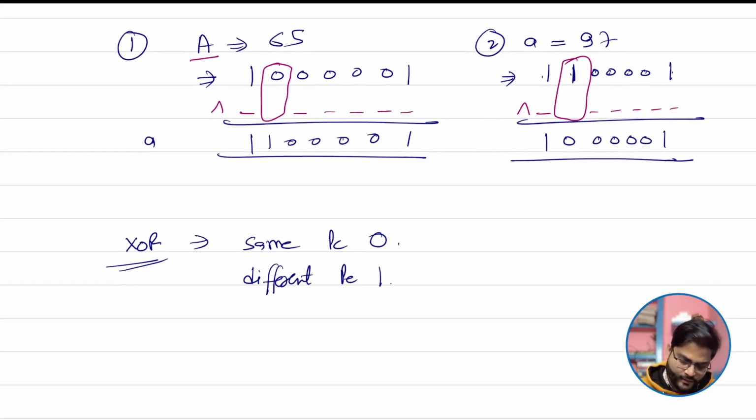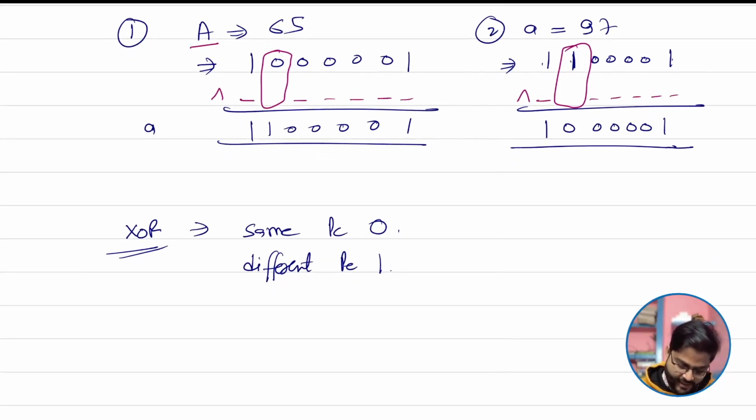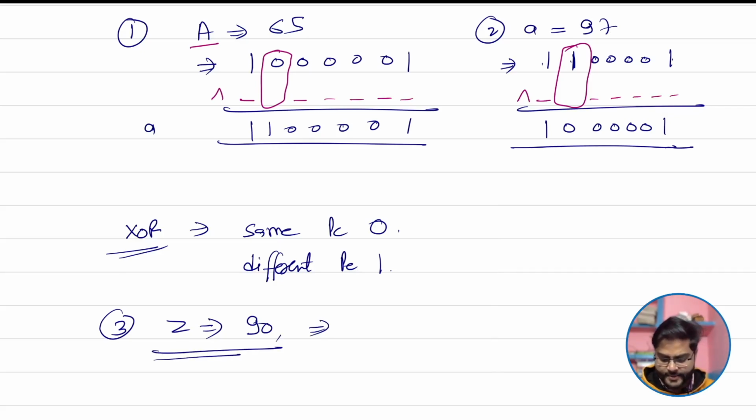Let's say I take capital Z. Its value will be 90, and small z will be 122. So 90 is 64 plus the rest, 26, that is 16, 8, 2. This is 2, this is 8, this is 16, and this is 64. It will be 90.